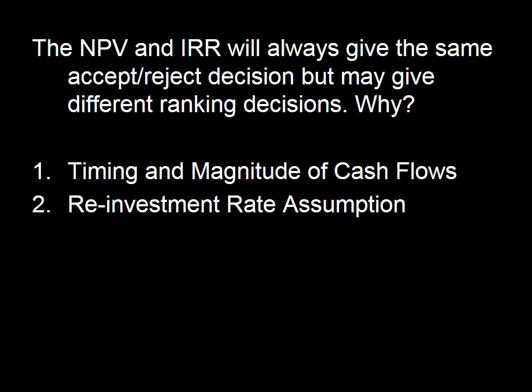For example, net present value may say you should go with projects A, B, and C, because you can only afford to invest in 3 of the 10 projects, and they have the highest net present value. Internal rate of return might say that projects C, D, and E are the best. They're all good projects and they would all add value to the firm, but the net present value is going to give you the mix of projects that adds the most value to the firm.